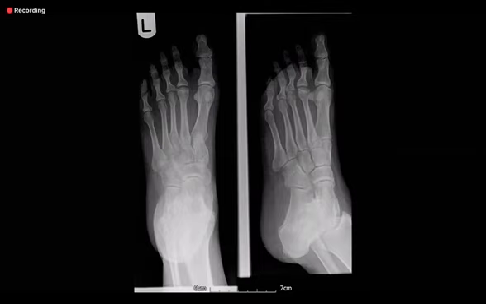The coalition is most common in the middle facet. By the way, the others can also be involved, but it is most common in the middle facet. This is where the sustentaculum tali is, where the facet joint is. You can pick it up on an axial view.